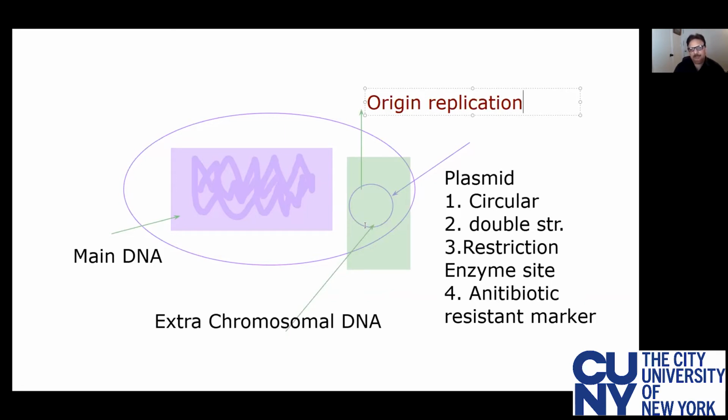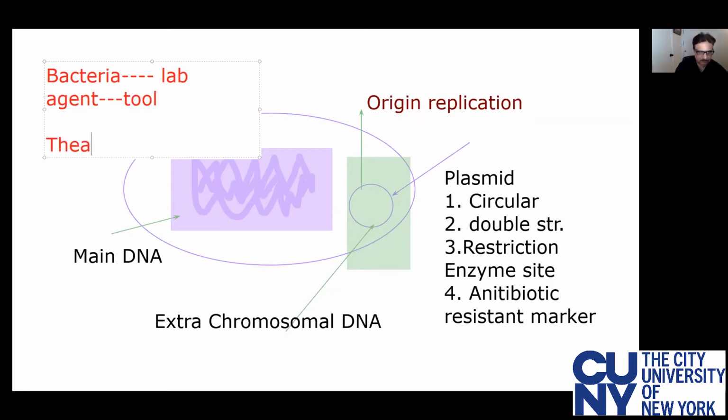is an important thing. But the most important thing of this chapter is that here scientists have developed bacteria as a lab agent, as a lab tool to produce therapeutic molecules such as vaccines, such as insulin.